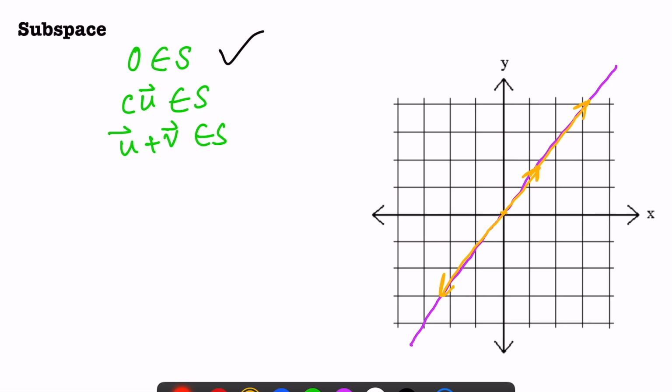So this is closed under scalar multiplication. Now let's take two vectors on this line and add them. The resultant vector also will fall on this line only. So this line is closed under vector addition as well. So a line going through the origin is a subspace.